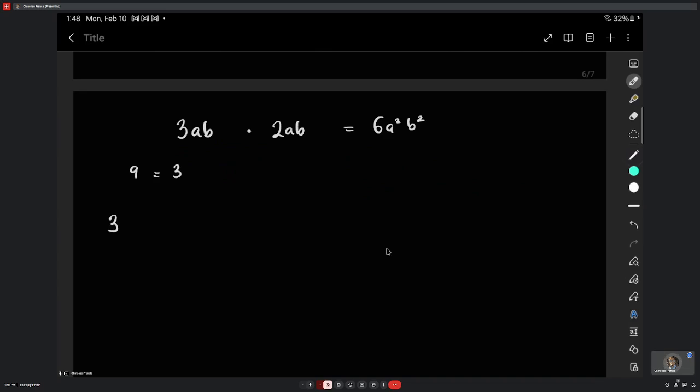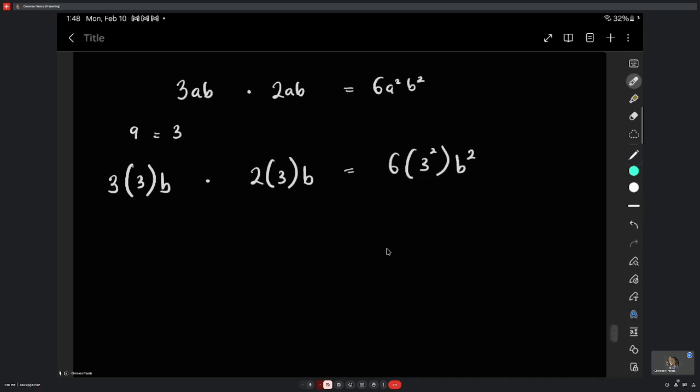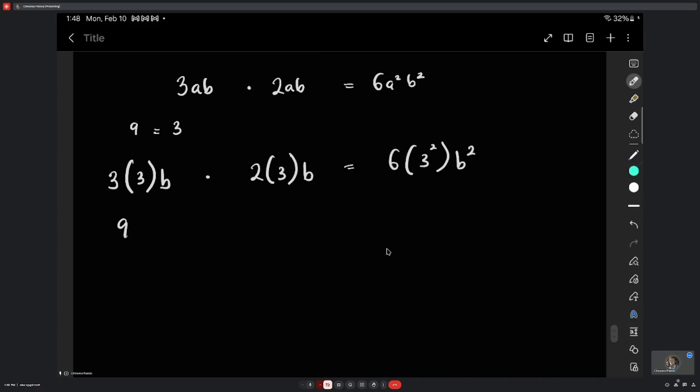This will be 3, which should be equal to 6, and this should be equal to 6 times 9.